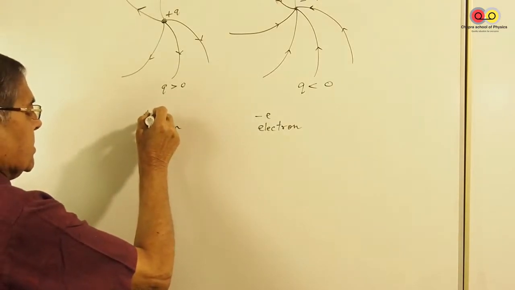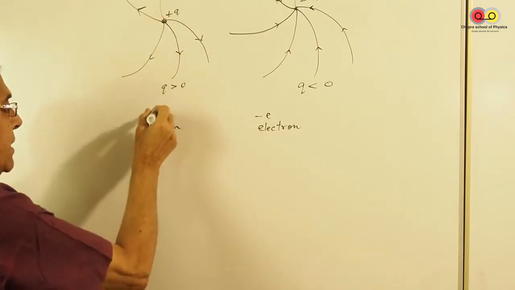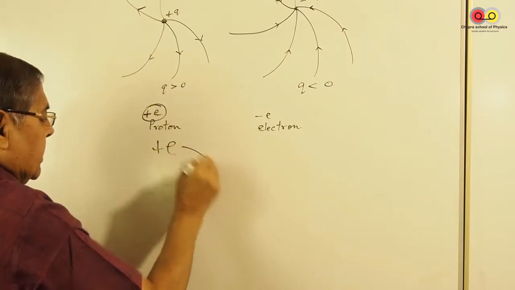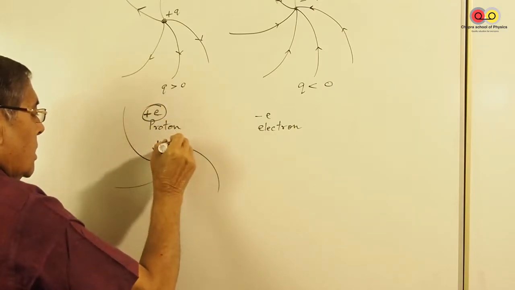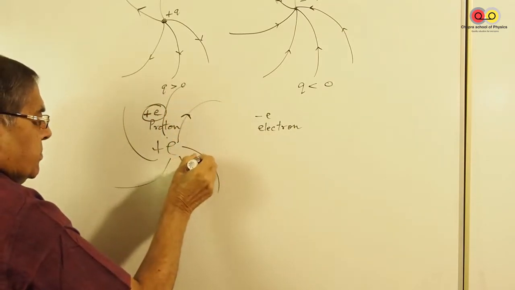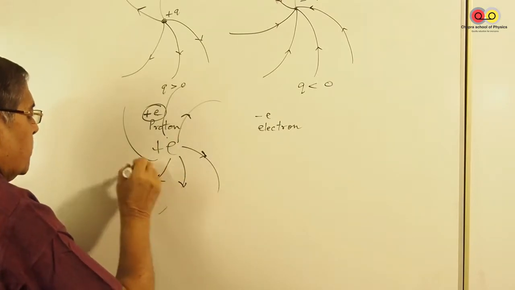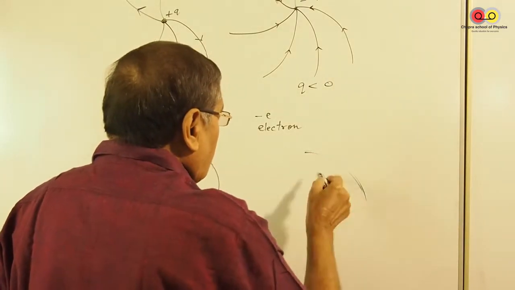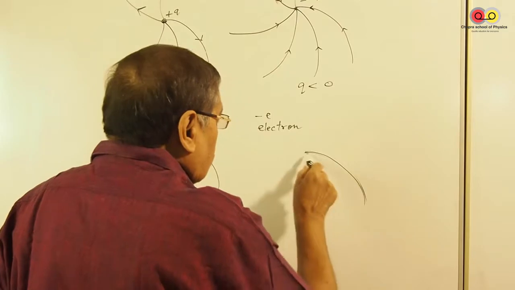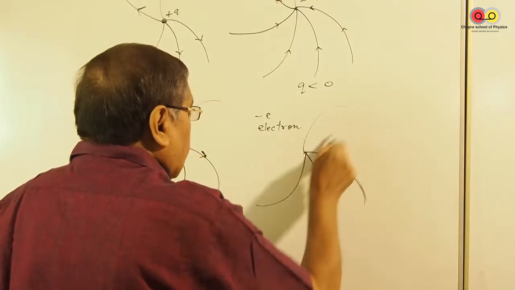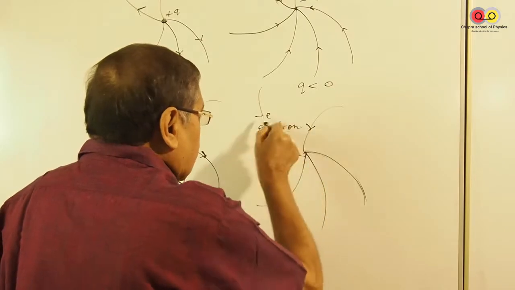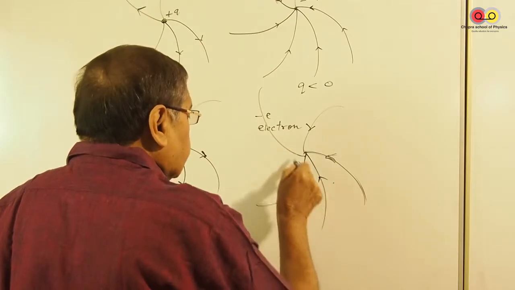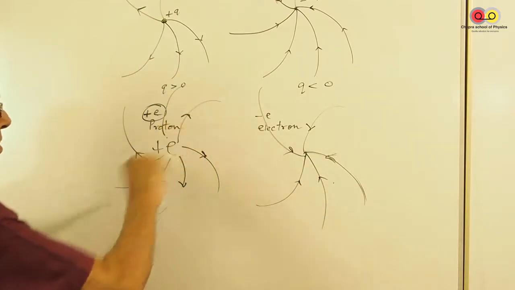Its characterization is emitting lines of forces. That's why it is positive. So plus e is generating lines of forces like this. This is the pattern of the lines of forces of proton. And this is the pattern of the lines of forces by a negative charge, that is electron. So electron is indicating this type of lines of forces, and proton is indicating this type of lines of forces.